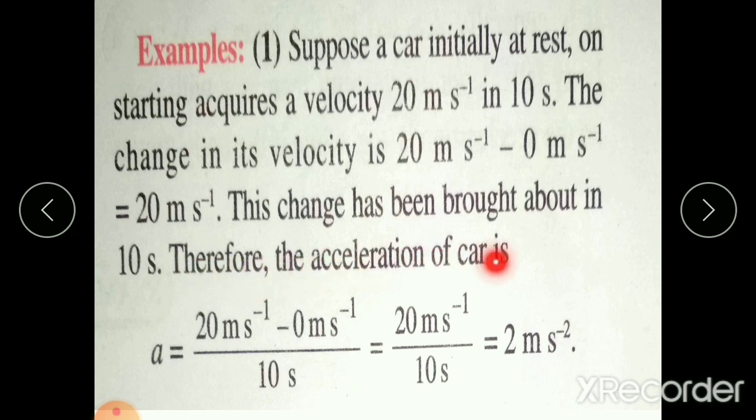Therefore, the acceleration of the car is a equals v minus u divided by t, that is 20 meter per second divided by 10 seconds, which gives you 2 meter per second square. So how is it meter per second square? Here you have velocity in meter per second and time in seconds. When you take the second to the numerator, it becomes minus 1, so it is meter per second square.